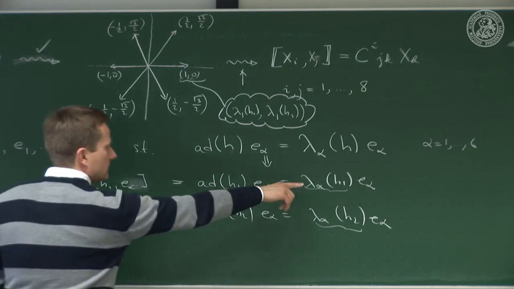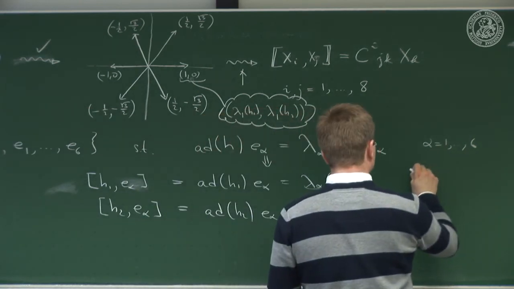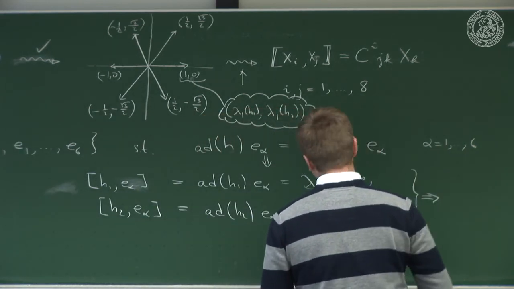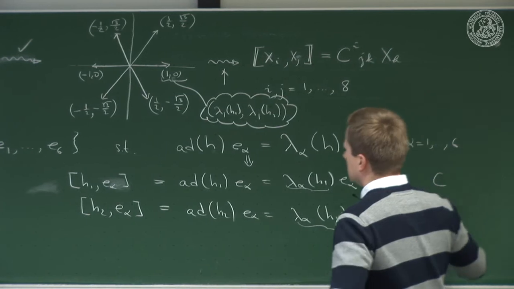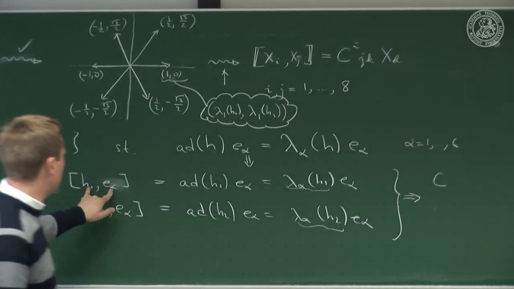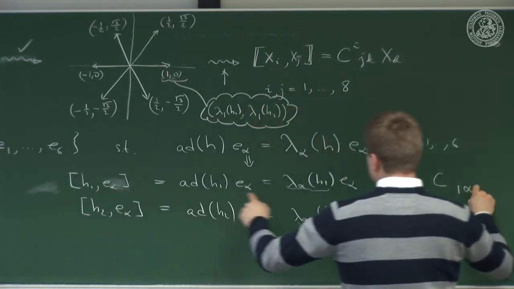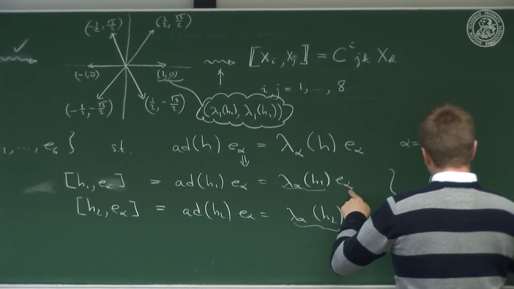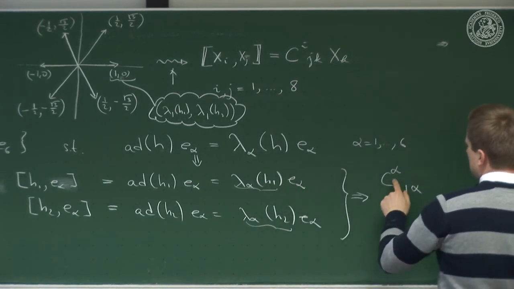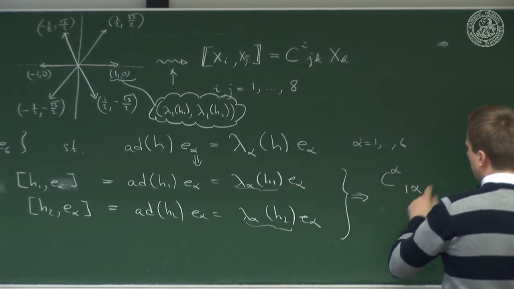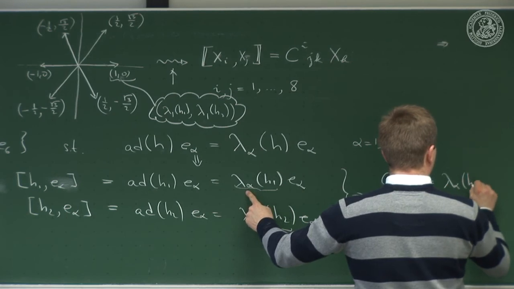Okay, and we know that we have here the E_alpha, so we read off from up here, so I now look at the structure coefficients. This one is the structure coefficient c_{1 alpha}, and you see this can be expressed as simply a factor times the E_alpha, so we have c_{1 alpha}^alpha is, well, it's lambda_alpha of H1.